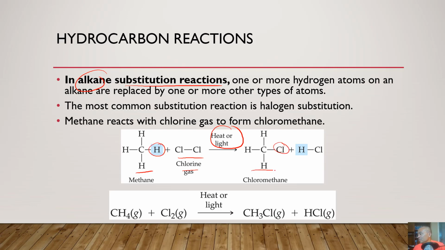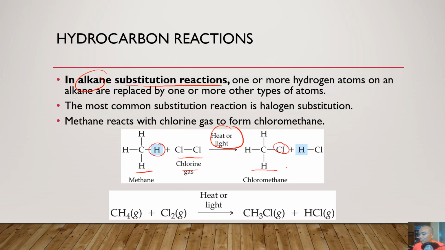So this is the so-called substitution reaction. And the overall reaction, as you can see over here, one hydrogen is being replaced with chlorine, and HCl is also generated as the other product.